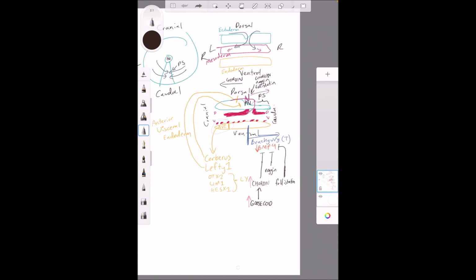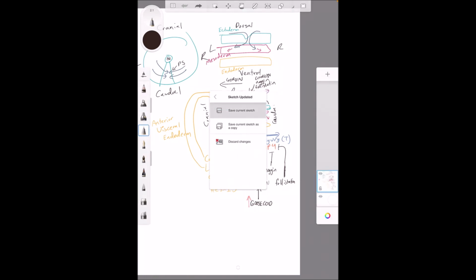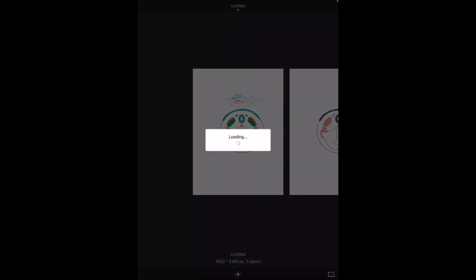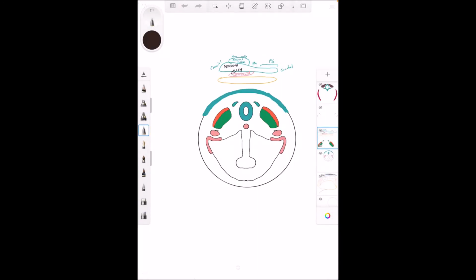And noggin, which is one of those, is going to be expressed by the neural tube specifically, the ventral part of the neural tube. So I probably need a new layer for proteins.